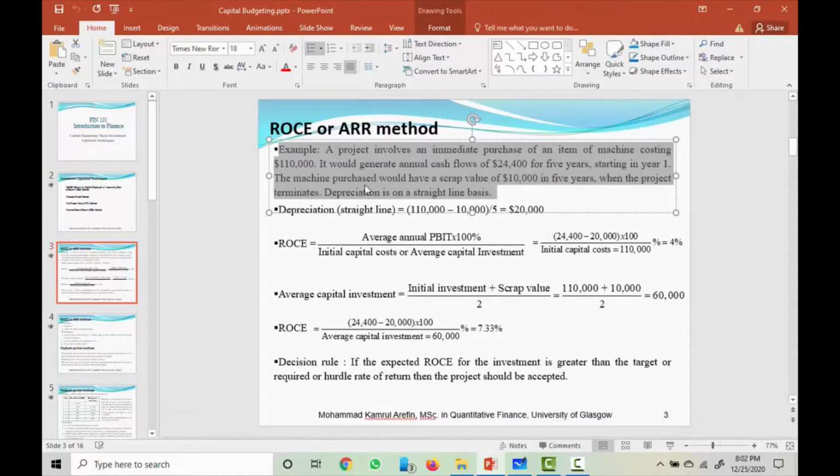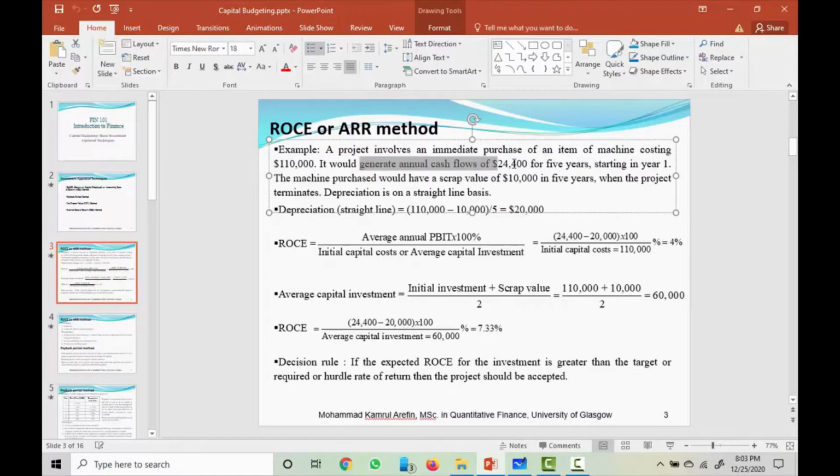Let us solve one example to understand return on capital employed or the accounting rate of return method. The question is: a project involves an immediate purchase of a machine costing $110,000. So if you start the project, you will need to purchase a machine that costs $110,000.